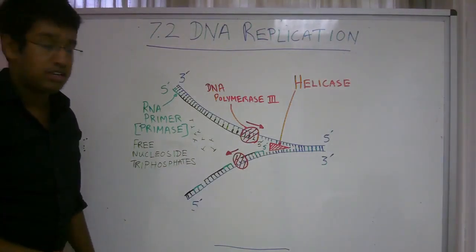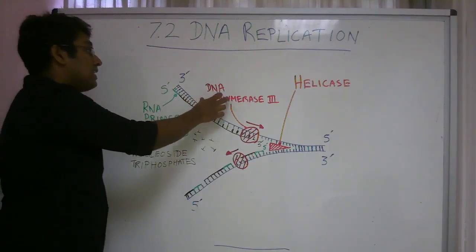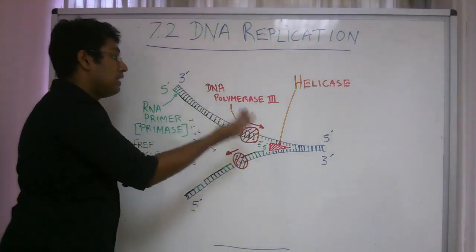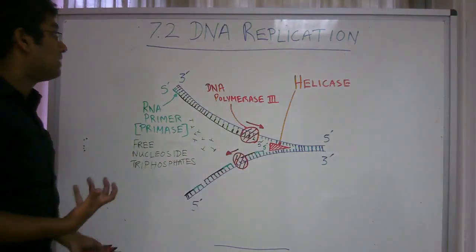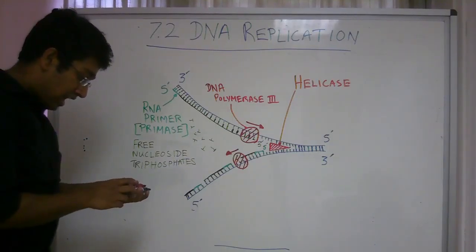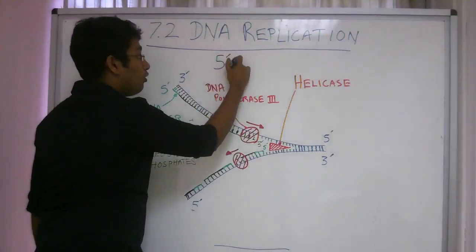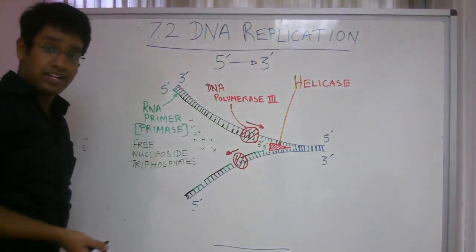DNA replication. So once the RNA primers are laid, the main enzyme of DNA replication, which is DNA polymerase III, comes in. It's drawn in a red circle, and it carries out the process of DNA replication always in a 5' to 3' direction. Always 5' to 3' direction.